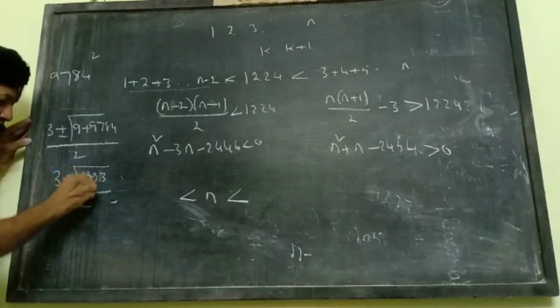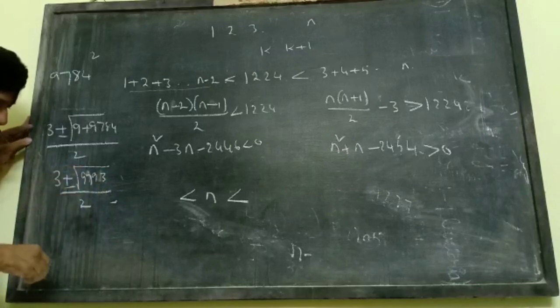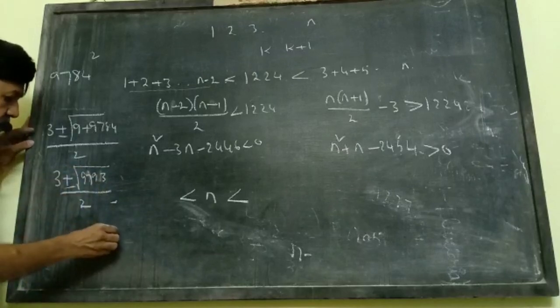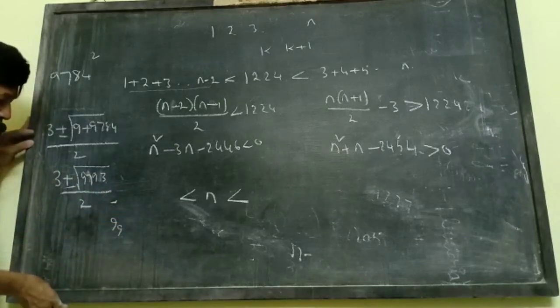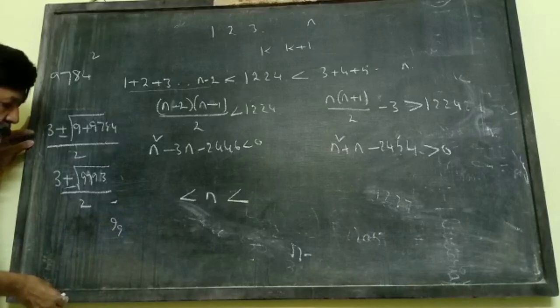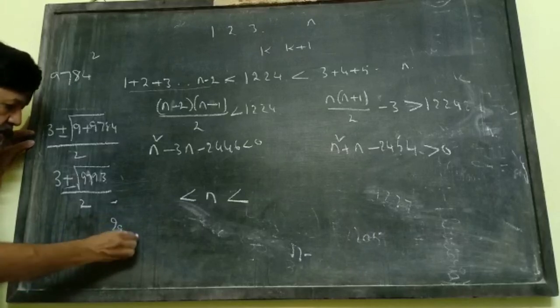What is the square root of 9793 approximately? Approximately, actually 99, approximately I am talking. Approximately 99 into 99, how much will we get?